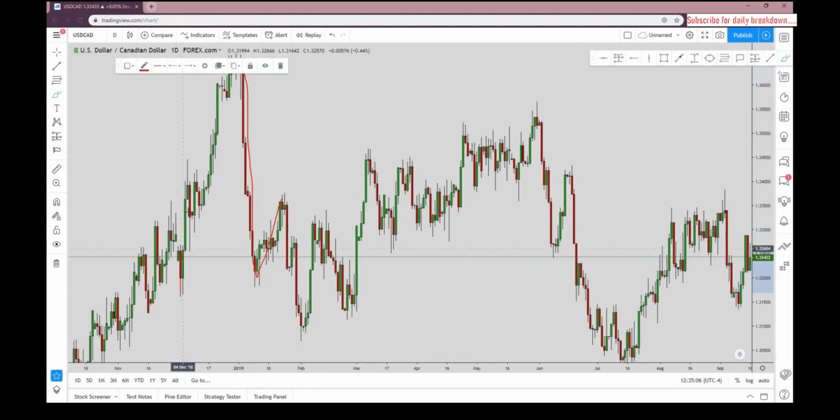You have it here, nice impulse to the upside, retracement. Again, you have it here, nice impulse to the upside, retracement. You have it here, nice impulse to the upside, retracement. And you have it here, nice impulse to the downside, retracement. A bullish ICI strategy, bearish ICI, bullish ICI, bullish ICI, bearish ICI.